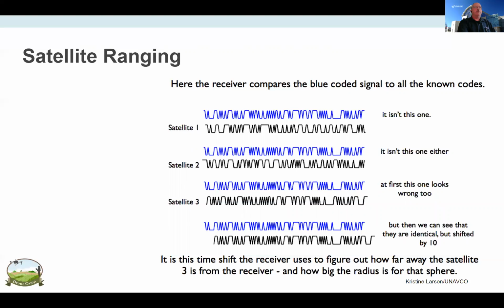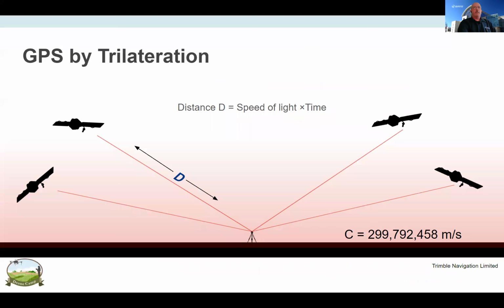And that's because it's the delay between the time that it took for the song to travel from the satellite to the receiver that we're measuring. So because we know that the distance is equal to speed times time, and we know the speed of light, we're able to calculate how far away each satellite is from the receiver based on the time lag of the song that is received from it.